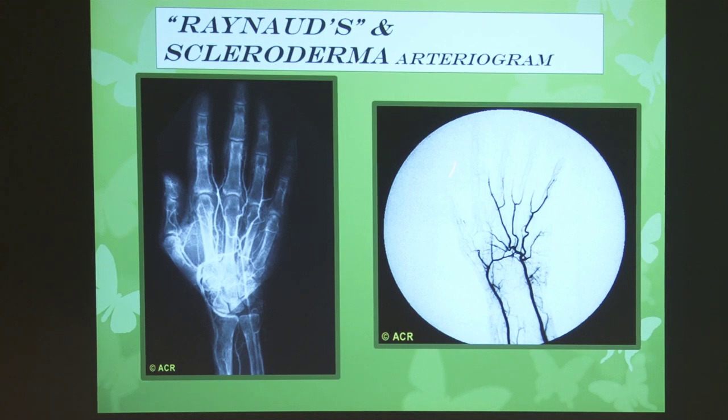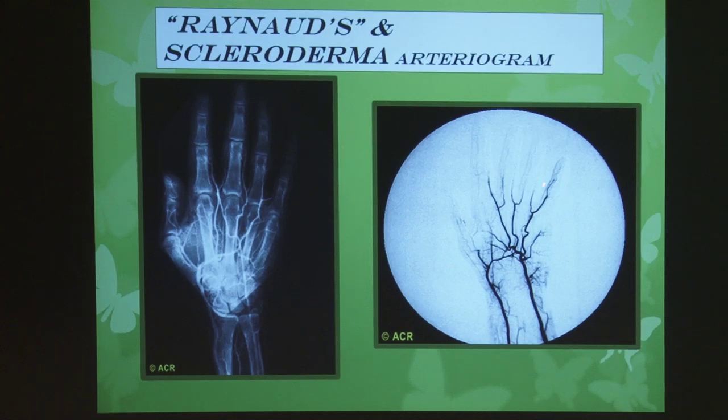Very little blood supply going to those fingers. And you can actually see a cutoff right about here. So oxygenation very poor in this patient, Raynaud's confirmed, and a potential for necrosis or skin tissue death.